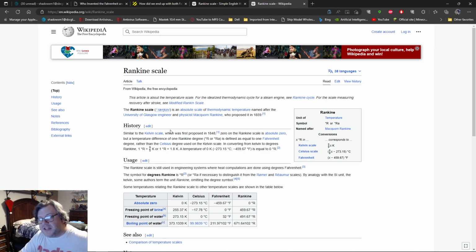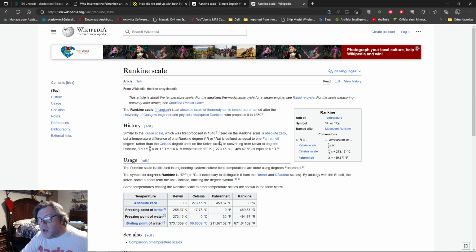Similar to the Kelvin scale, which was first proposed in 1848, zero on the Rankine scale is absolute zero, but a temperature difference of 1 Rankine degree, °Ra, is defined as equal to 1 Fahrenheit degree, rather than the Celsius degree used on the Kelvin scale.